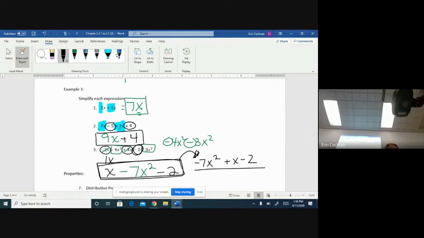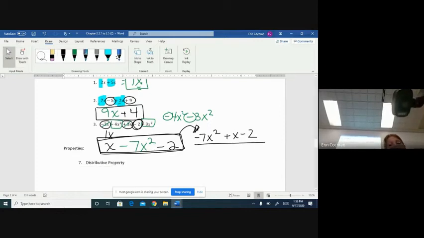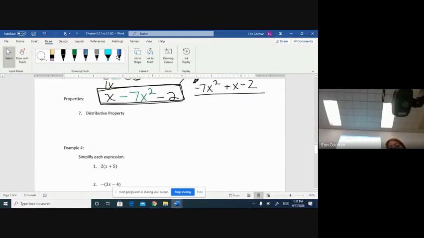Now we're gonna add in combining like terms with the distributive property, okay? Now, the reason we have the distributive property is to help us with those parentheses, because sometimes inside the parentheses, we can't combine like terms, okay? Because orders of operations say you do the parentheses first. If I can't add inside the parentheses, to remove them, we use this distributive property, okay? And the distributive property says, if I have a number on the outside, so like A times B plus C, okay?